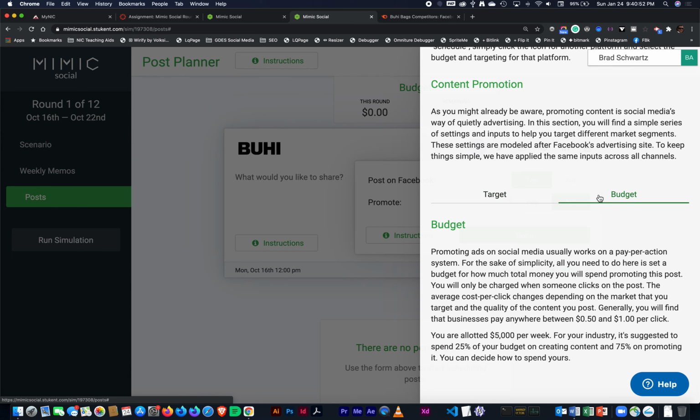Then under budget, this is where we're actually paying for a click, a like, or share, and we have $5,000 this week to spend. In this industry, it's suggested that 25% of the budget goes towards content creation and 75% goes towards promoting the content.